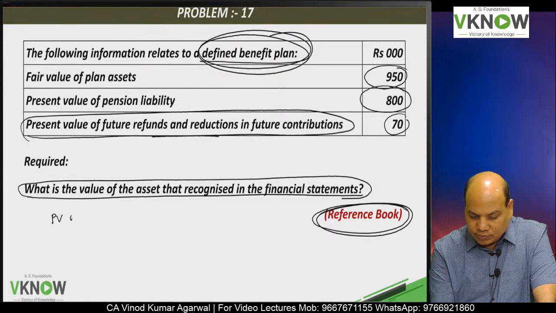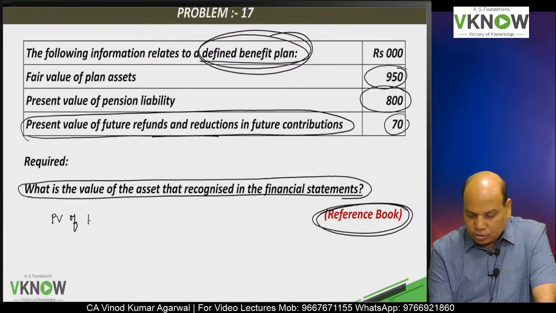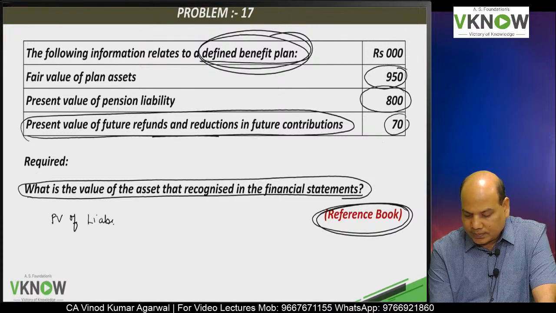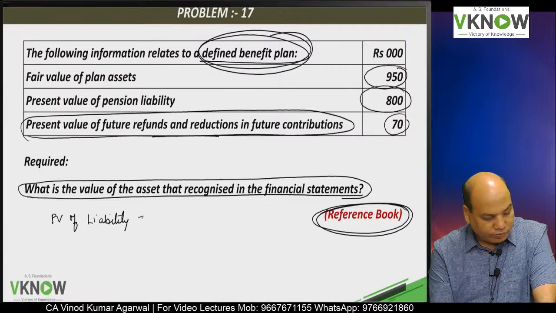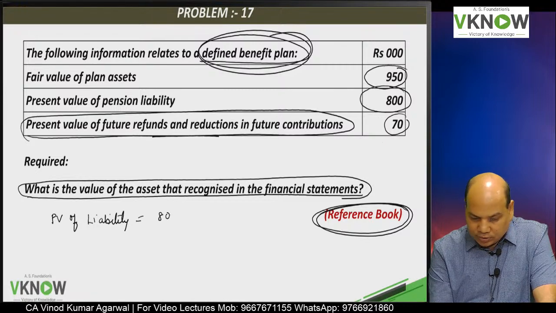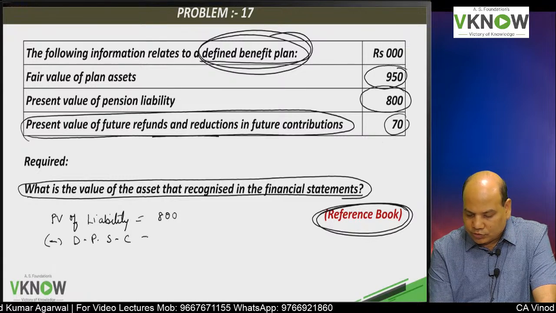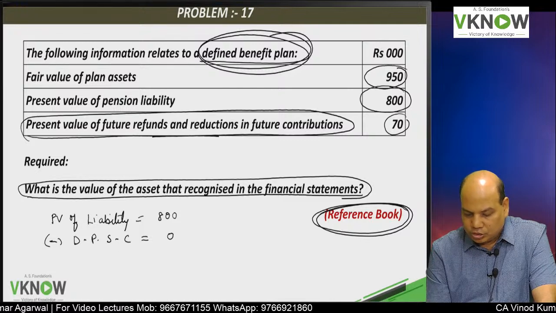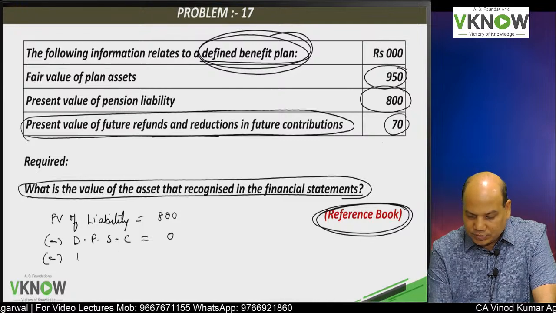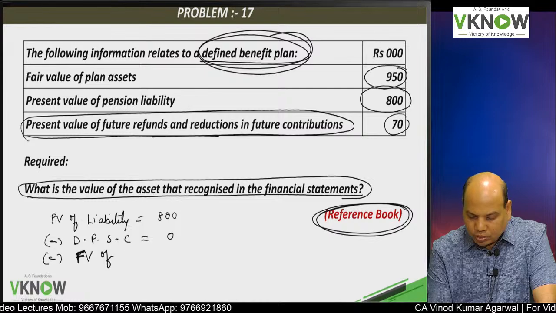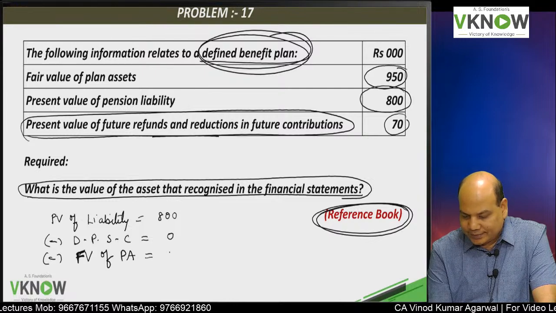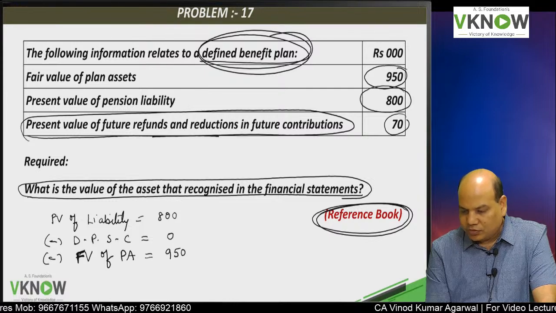So first you see present value of liability, start like this, is 800 minus deferred past service cost, not given, ignore, minus fair value of plan asset is 950.